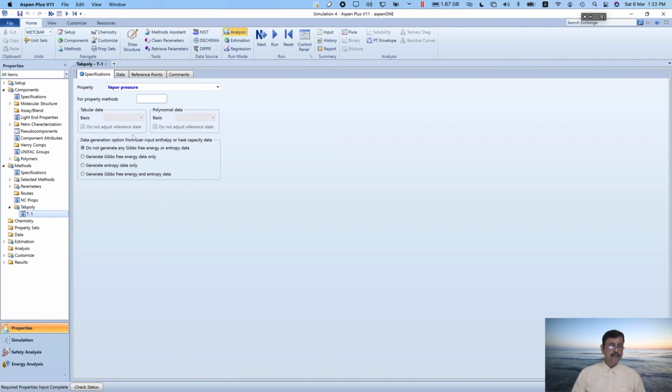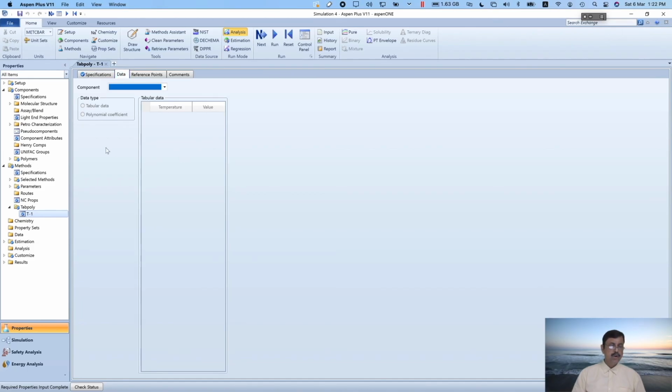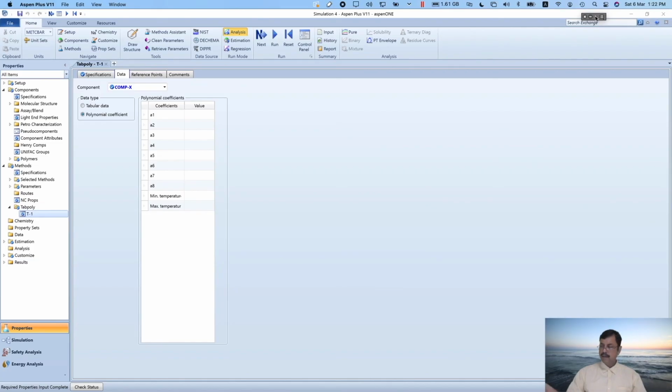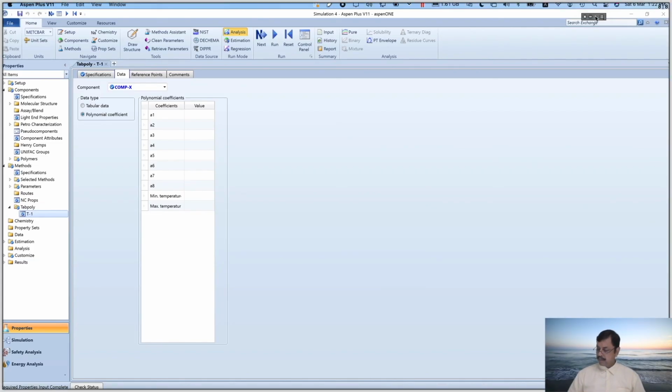So go to data. So here you have to set the component first. So we have compx. So we have to give the vapor pressure data for this component x. We can give it in tabular form or in polynomial form. Polynomial form means it will have y is equal to a1 plus a2 x square plus a3 x cube up to a8 x to the power 8.